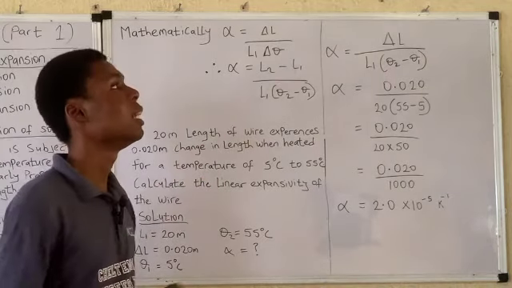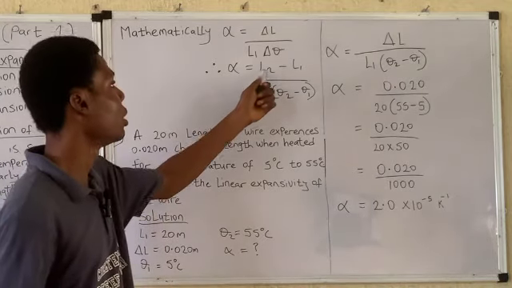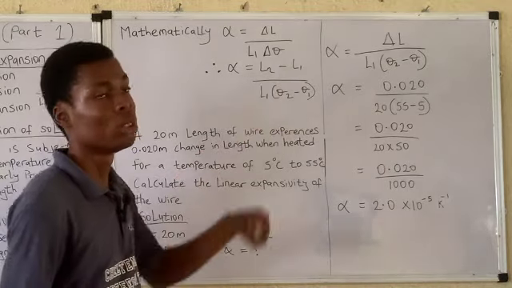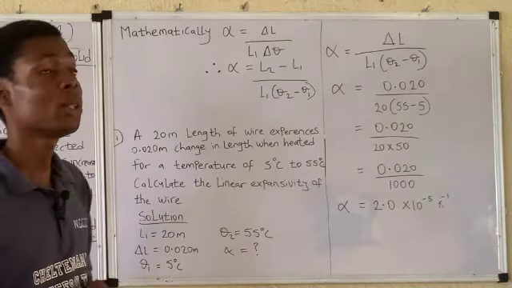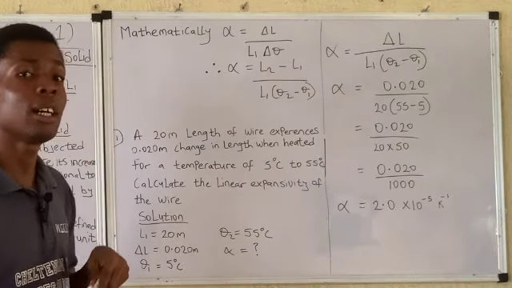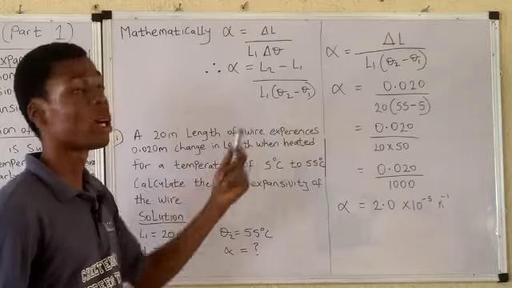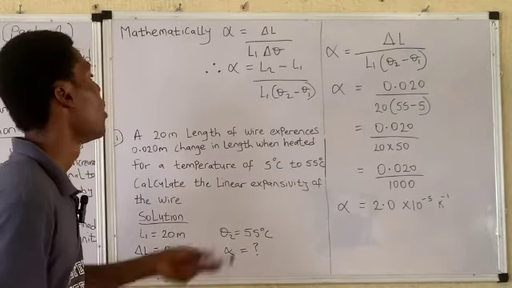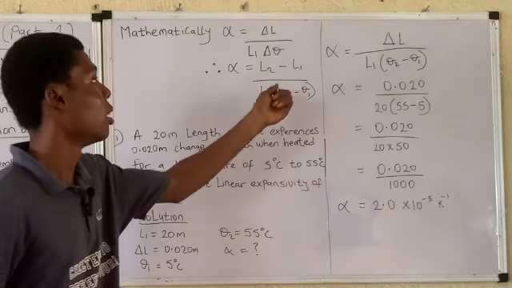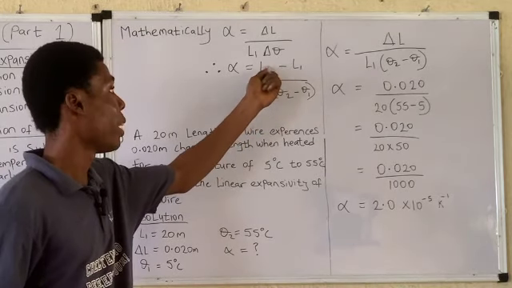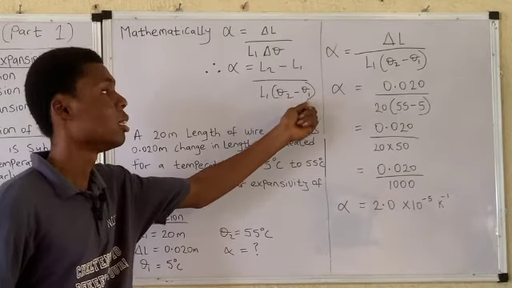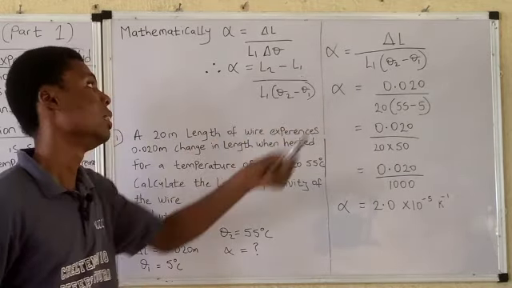Note, change in length can also be L2 minus L1. L2 represents final length. L1 represents initial length. Theta 2 represents temperature at final length, while theta 1 represents temperature at the initial length.